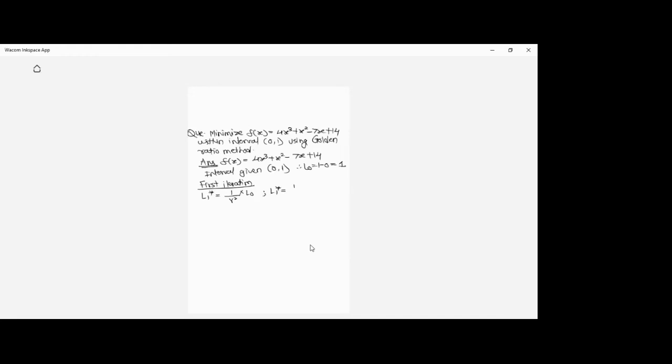So now we can find out the value of L1 star. L1 star is equal to 1 upon R squared into 1, where R is your golden ratio, 1.618. If you find out this value, it comes out to be 0.3819, right? Now we consider 0 to 1. This completely is our L0, and this is nothing but your L1 star.